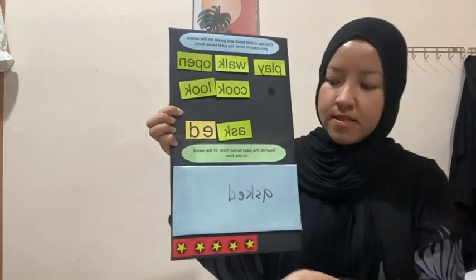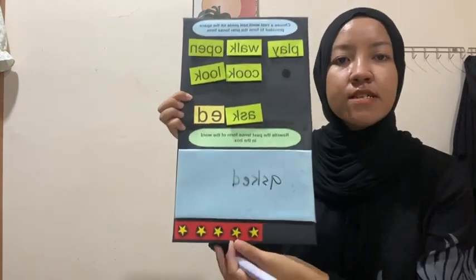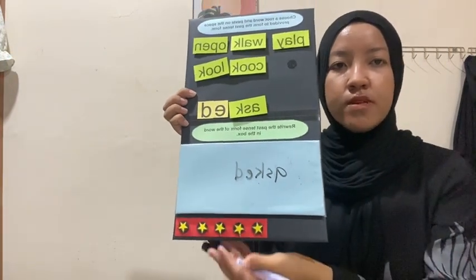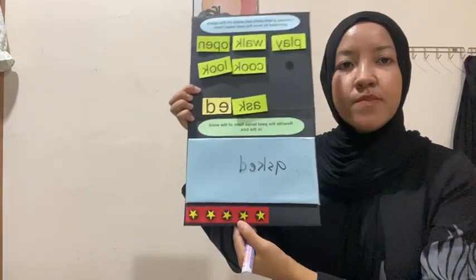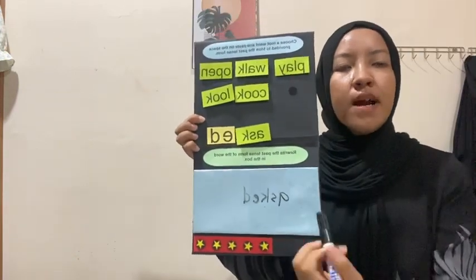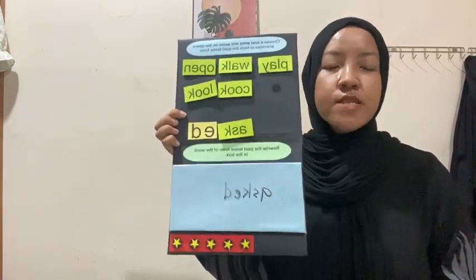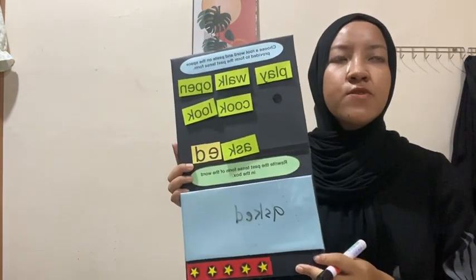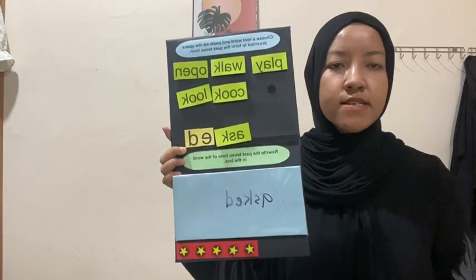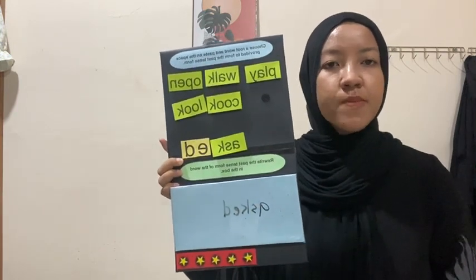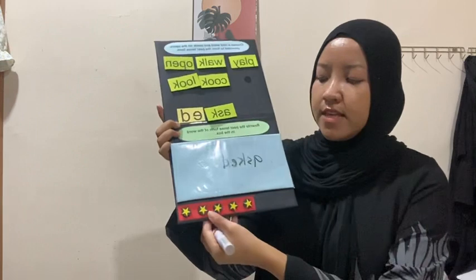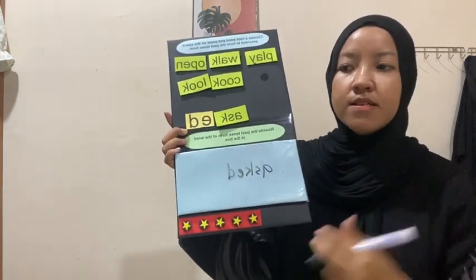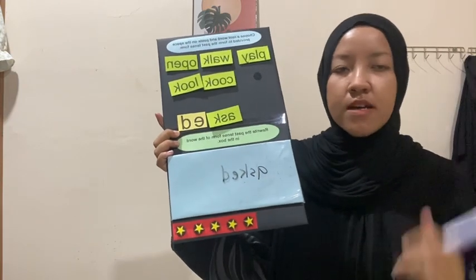The last part of this teaching aid is the rewards, the star reward at the bottom of the board. This star reward can be used by teachers to mark and check the students' work after they have completed this activity. Instead of just using the traditional way of checking the answers and discussing them together in the classroom, teachers can use this star reward to give a reward to the pupils for their work.